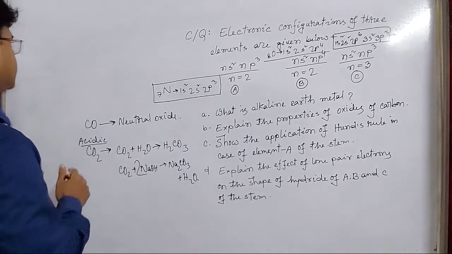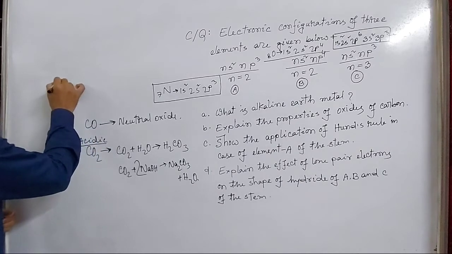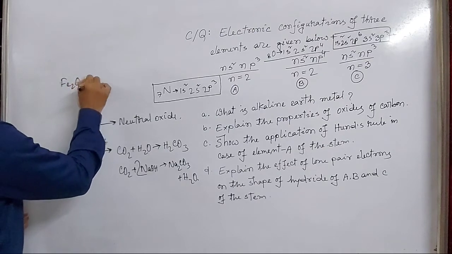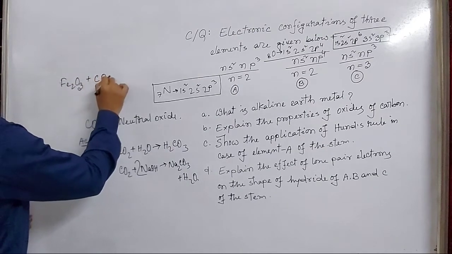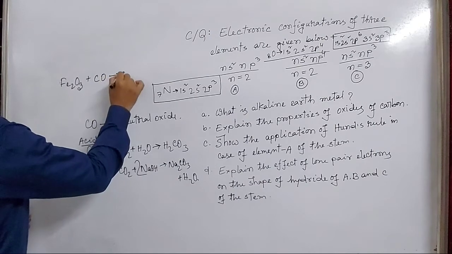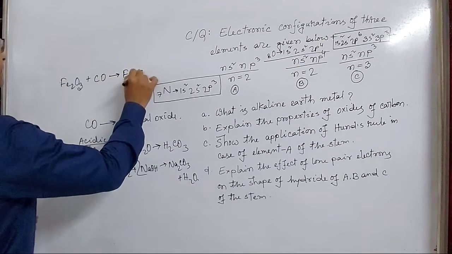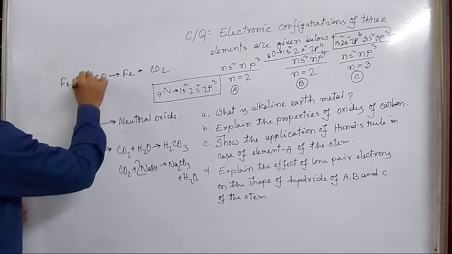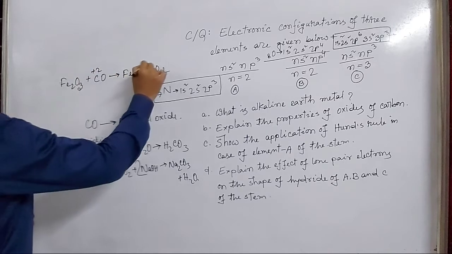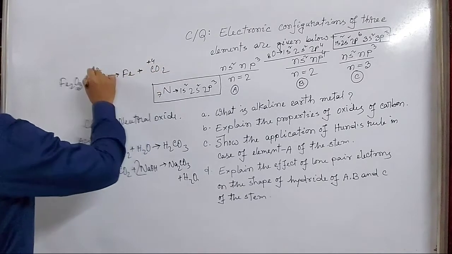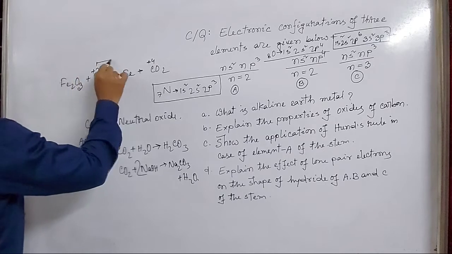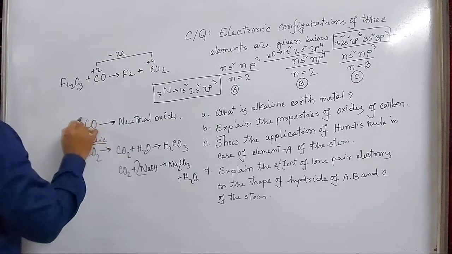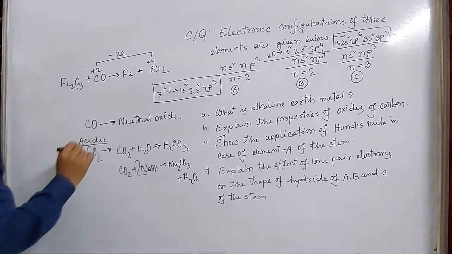Carbon monoxide is a reducing agent because it can reduce different metallic oxides like ferric oxide to produce metallic iron and carbon dioxide. In this case, the oxidation number of carbon is increased from +2 to +4 by releasing 2 electrons.